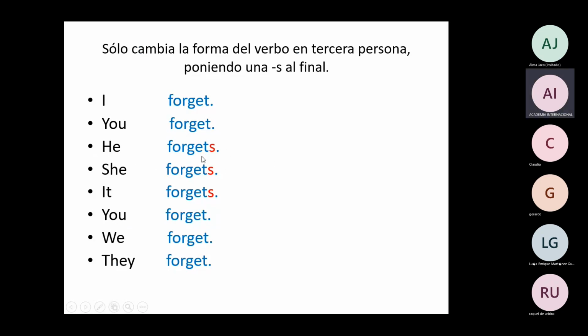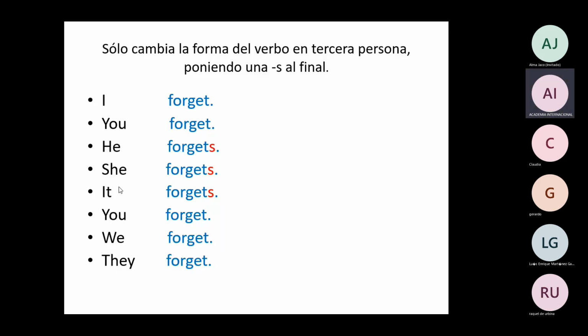Por ejemplo, he forgets, she forgets to do her homework. Ella olvida hacer su tarea. He forgets to wake up early. Él olvida despertarse temprano.